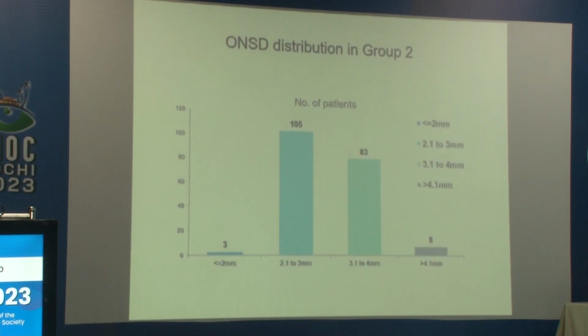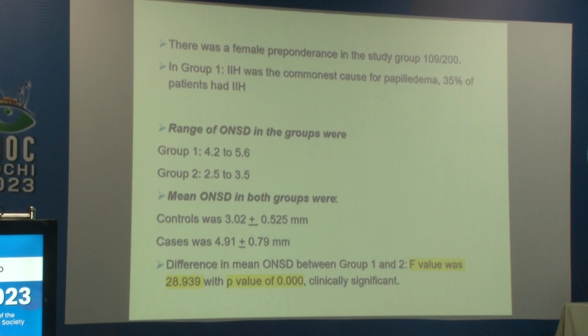Whereas in group 2, the majority of the patients had an ONSD value of less than 4 mm, with the maximum of the eyes having around 2.1 to 3 mm. The range of ONSD in group 1 was 4.2 to 5.6 mm with an average of 4.91 mm, and in control group 2 it was 2.5 to 3.5 mm with an average of 3.02 mm. The difference between group 1 and group 2 was clinically significant.